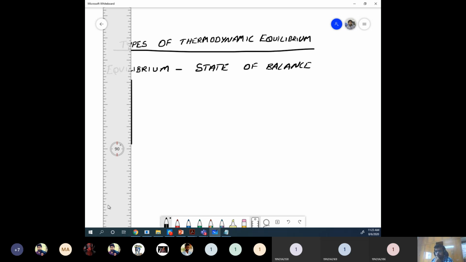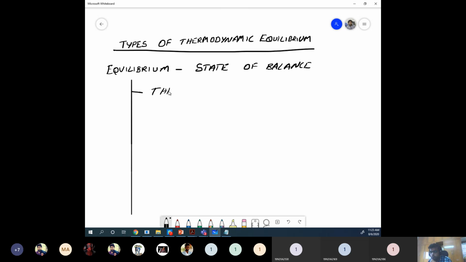Within this you have different subcategories. Let me draw a line here. So the first thing that we see is thermal equilibrium.